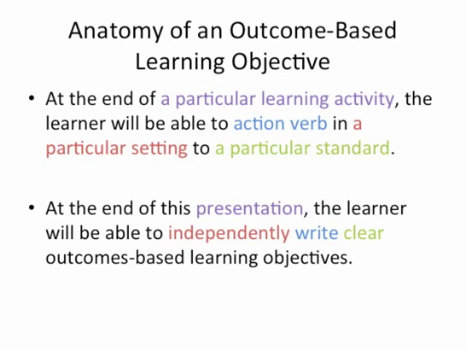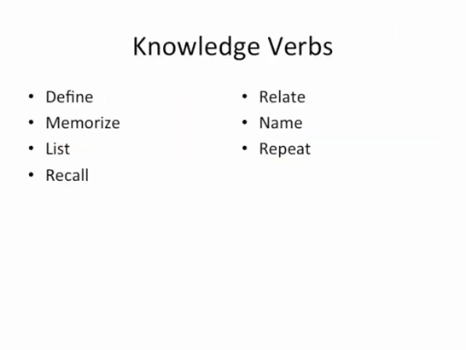So if we look back at the taxonomy, associated with each of these levels would be some verbs that would help you think about knowledge, would help you think about comprehension, application, those kinds of things. So in terms of action words associated with each of those domains, what do you think about knowledge? First of all, what do you think are the kinds of things that people would be doing in the knowledge domain? So here's some examples.